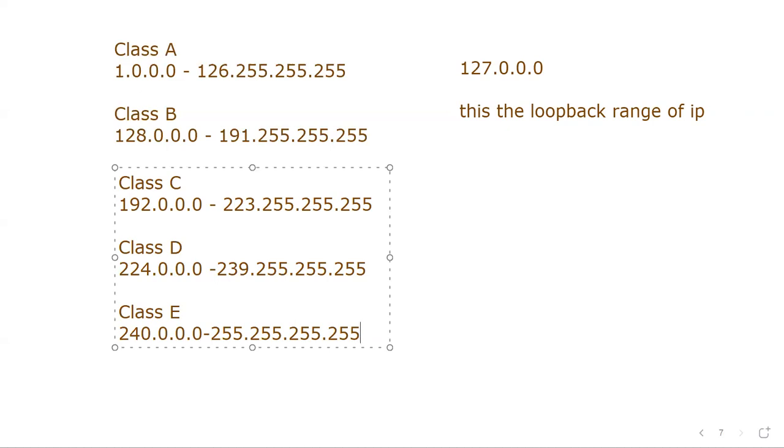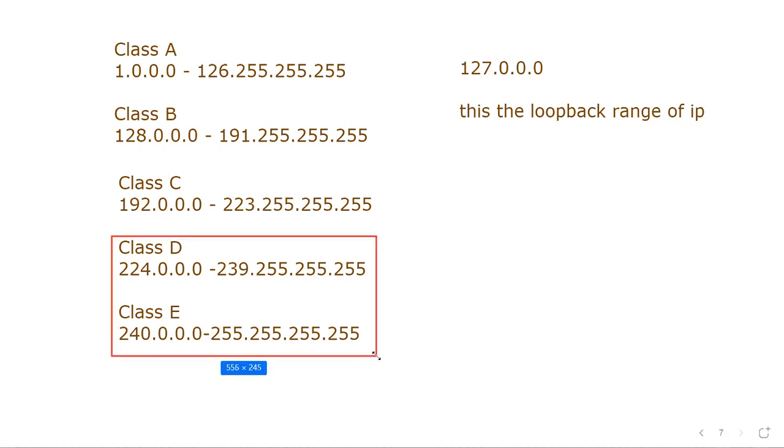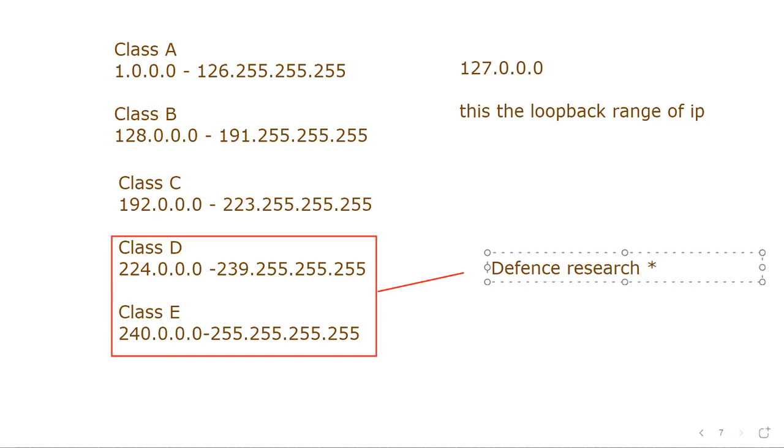So these two classes, class D and class E, are reserved for defense, research and development.